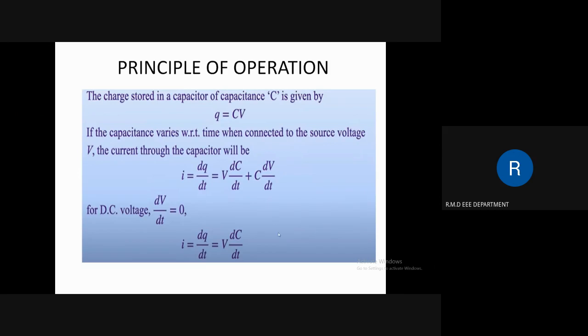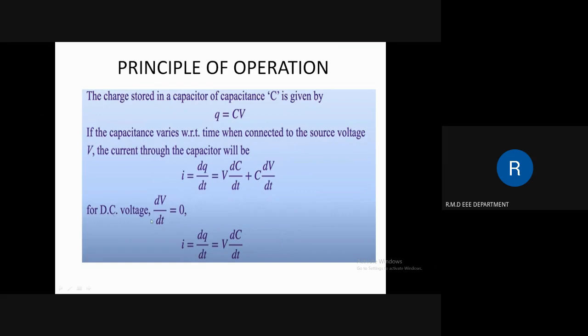The charge stored in the capacitor C is given by Q equal to C into V. We know the formula for the current through the capacitor, I equal to dq by dt, which when we differentiate, substituting Q as C into V, gives V into dc by dt plus C into dv by dt.